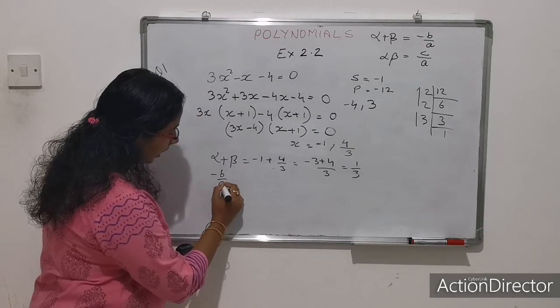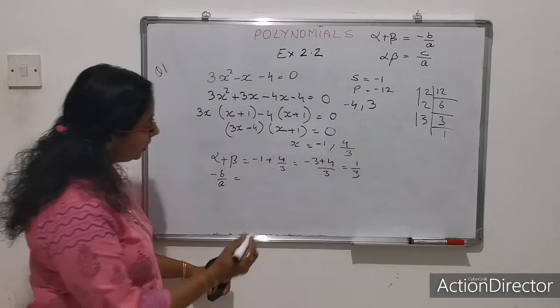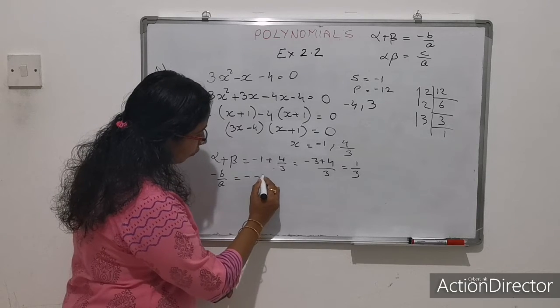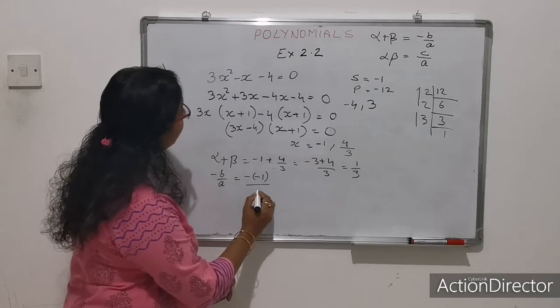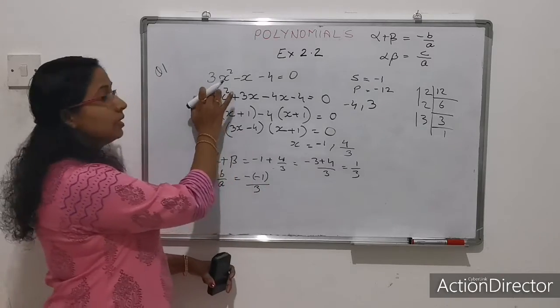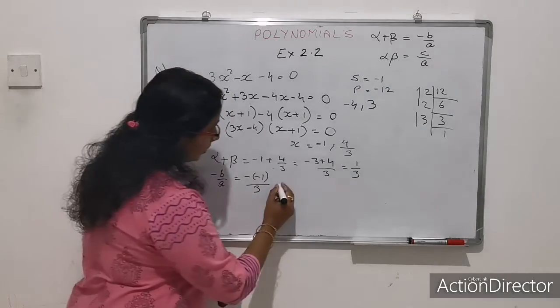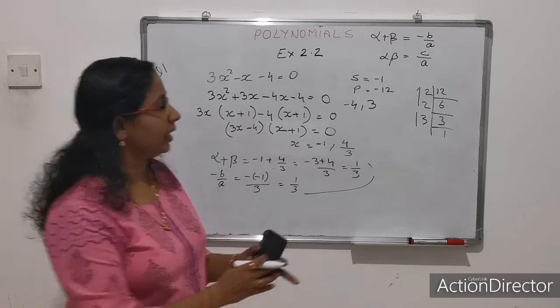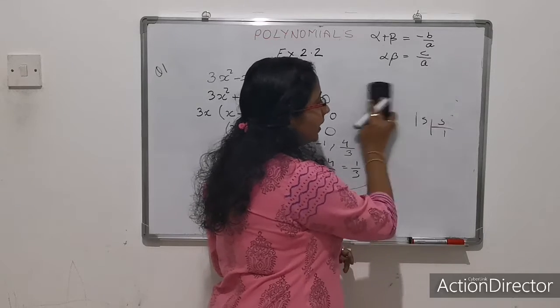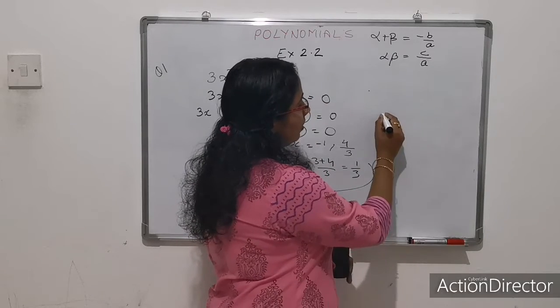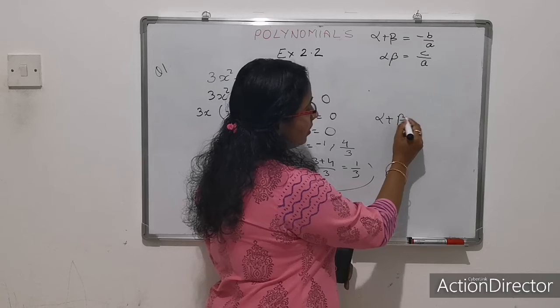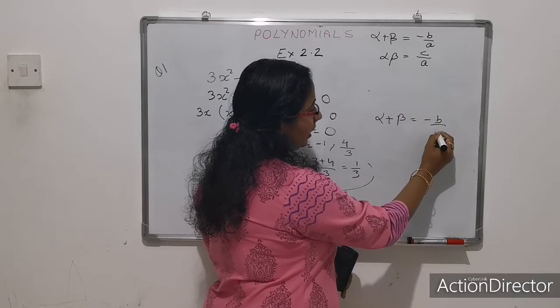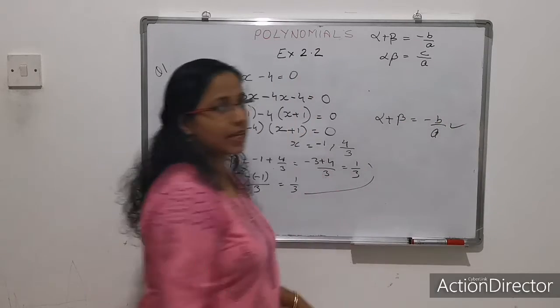Minus b is minus of minus 1, divided by 3. A is 3. Right? So our answer becomes 1 by 3. This and this is same. Again the same thing. Alpha plus beta is equal to minus b by a, check.